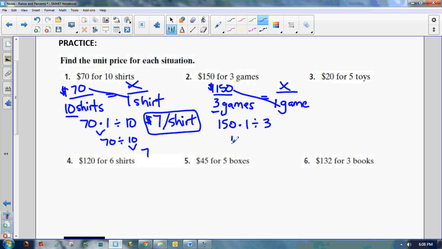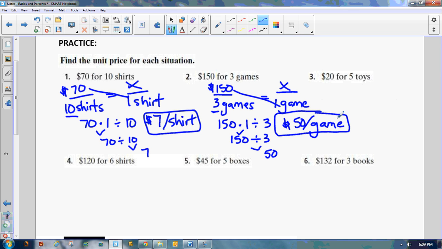Here we have 150 times 1, which is 150, divided by 3. 150 divided by 3 is 50. So it was $50 per game. Now if you want to write out the word per, you can, but again the backslash is just a shortened symbol for the word.